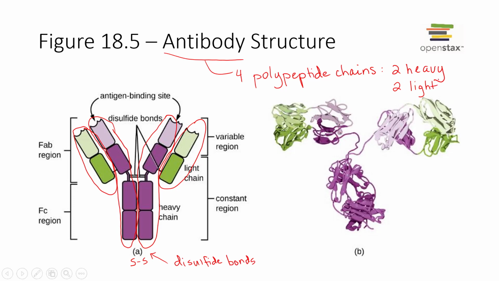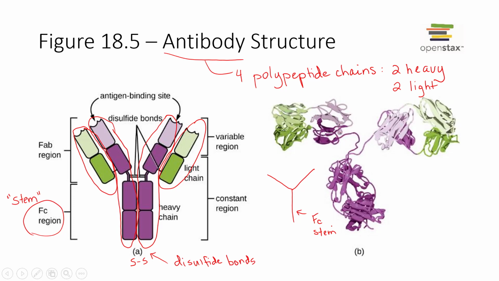And the important parts of this antibody protein that you should be aware of, one is that there's a region called the Fc region, which is basically the stem of the antibody. So when we draw these, of course, we usually draw them as just a capital Y. So the stem would be the Fc stem or Fc region.